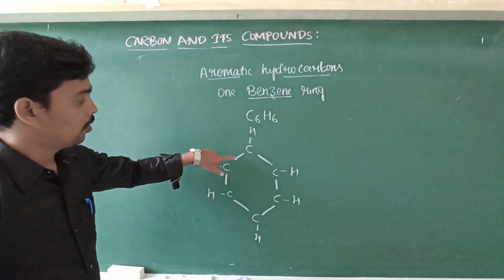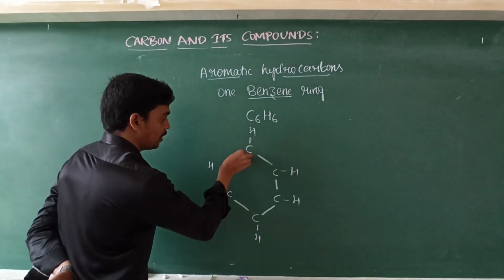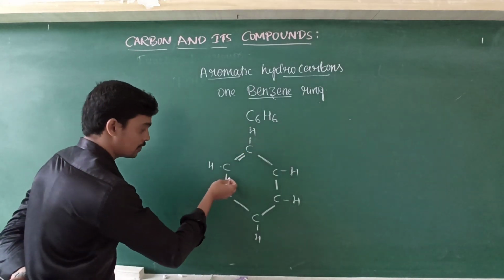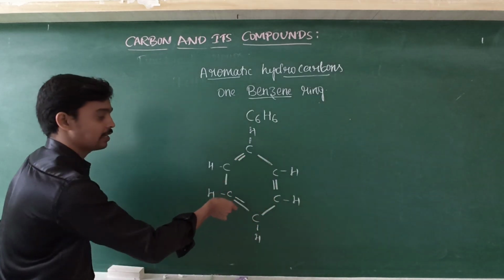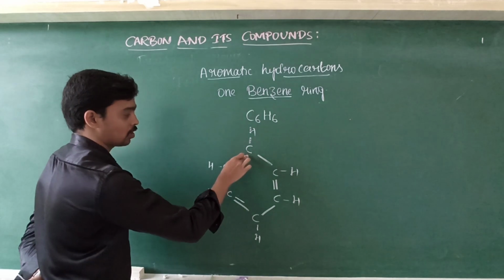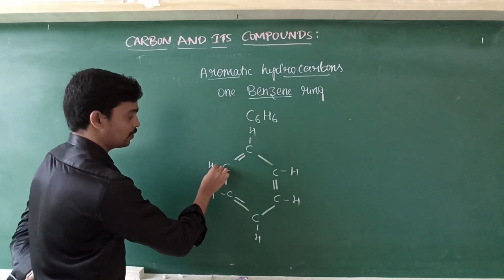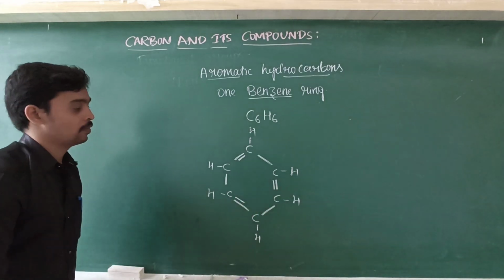And here the bonds are not satisfied, so put alternating single and double bonds. Double bond, single bond, double bond, single bond, and double bond. Now the valence is satisfied. First carbon is bonded with 4, and second one is bonded with 4. Okay, 4 bonds are there.